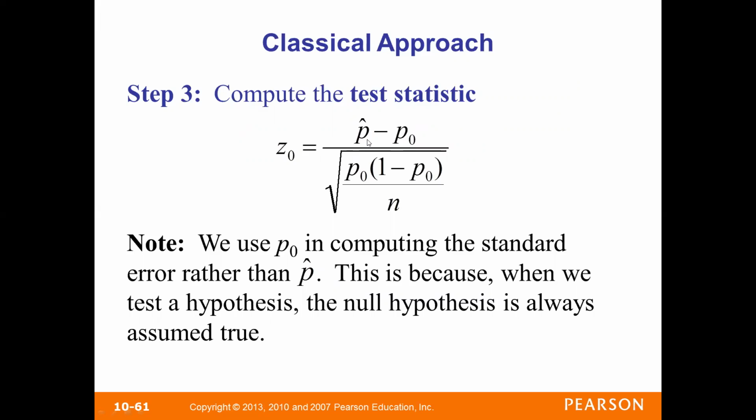The z-score will be p-hat minus the hypothesized proportion divided by the square root of p-naught times 1 minus p-naught over n. Again, we're assuming that the population proportion is p-naught, so if that is true, the expression on the bottom is the standard deviation.